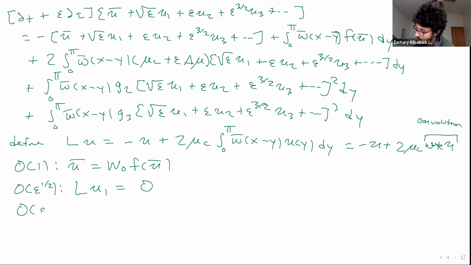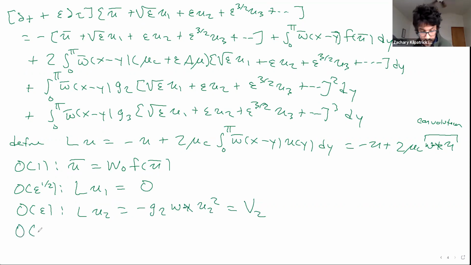At order epsilon, we have LU2 is equal to minus G2 W convolved with U2 squared, and this is equal to something we'll call V2, which is just our inhomogeneity on the right-hand side.